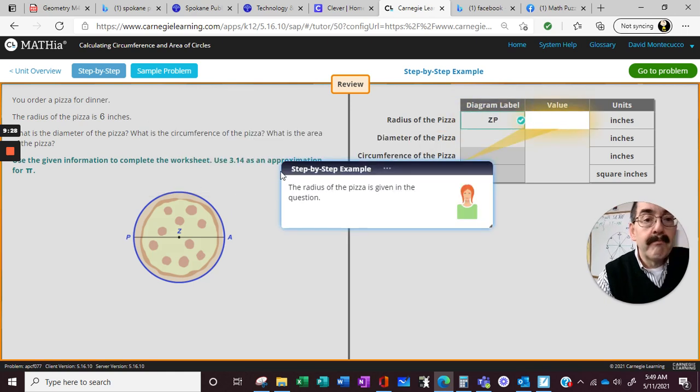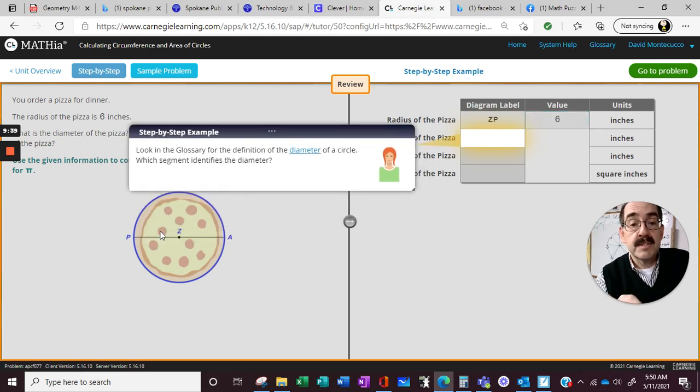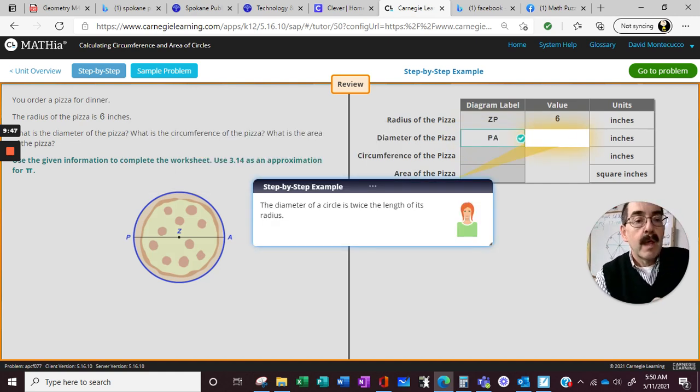Sounds like zip. Bingo. What is the value? 6. Done. Diameter. Well, the diameter is the distance across. So now PA or AP. PA sounds like an announcer, the PA system. What is the value? Well, if a radius is 6, diameter is 12.